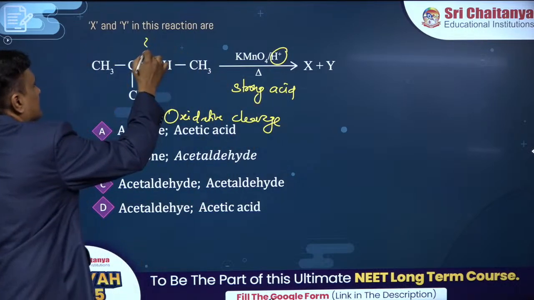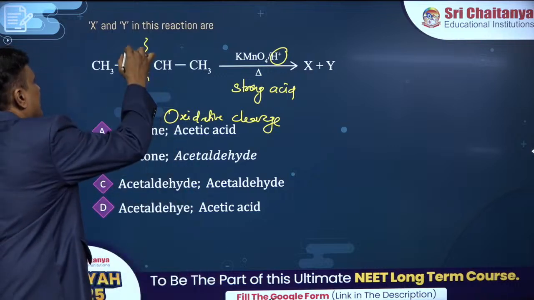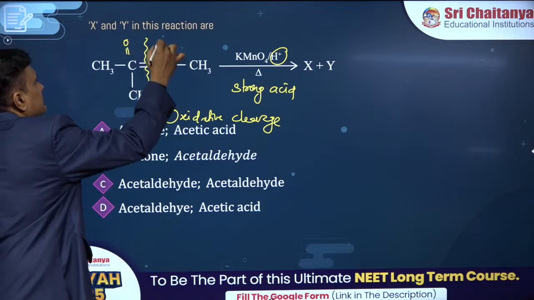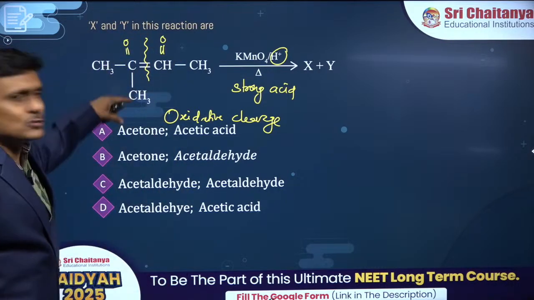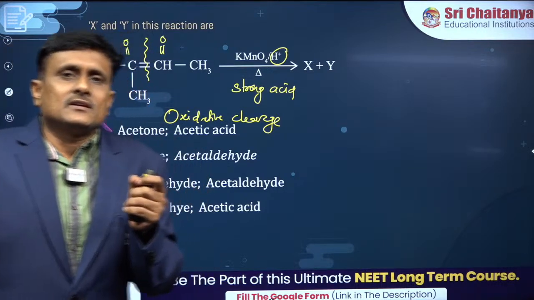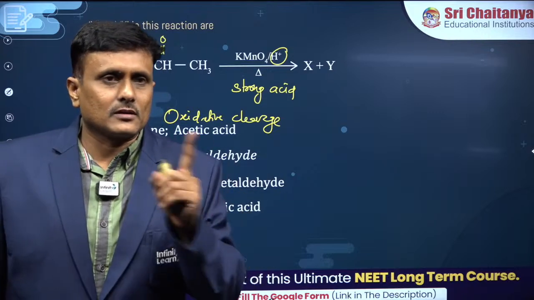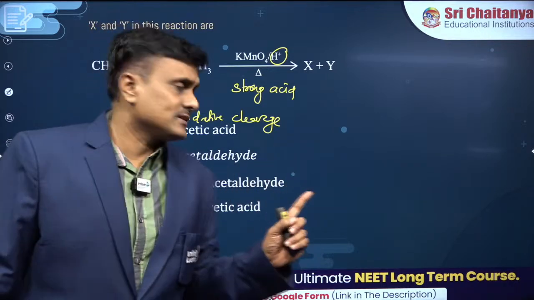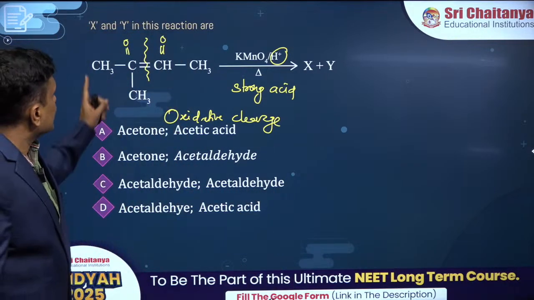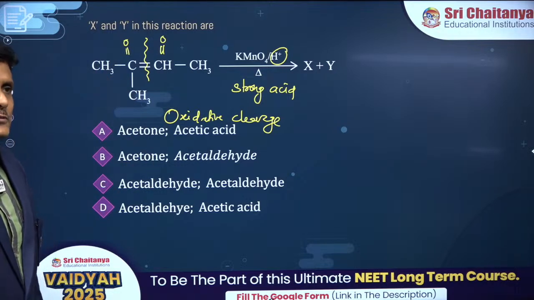It's like ozonolysis, double bond, double bond. That is acetone. Ketones are not so easily oxidized. Ketones are oxidized by hot concentrated alkaline KMnO4. Remember this, very strong oxidizing agent. So acetone and acetic acid must be the right answer. A should be the right answer.